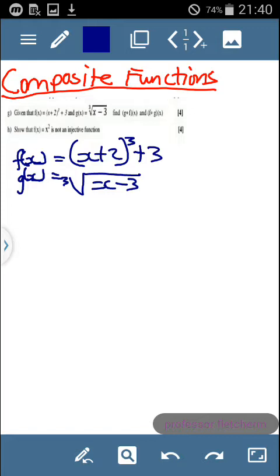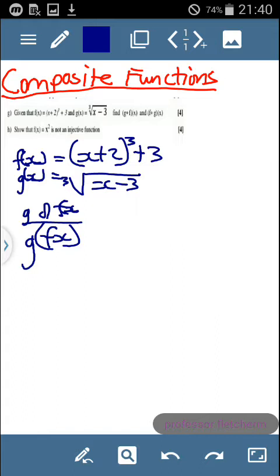So the question wants us to find g of f of x. In other words, we need to find a function for g of f of x, like that.